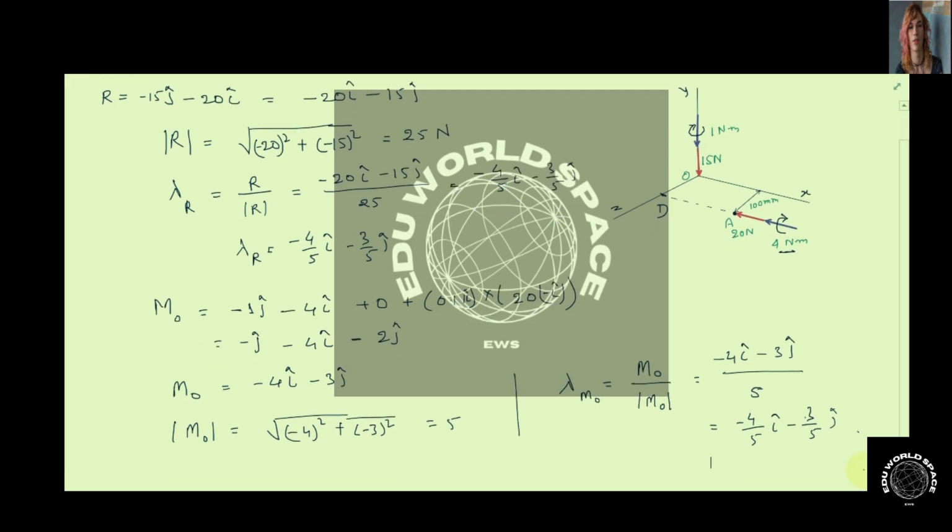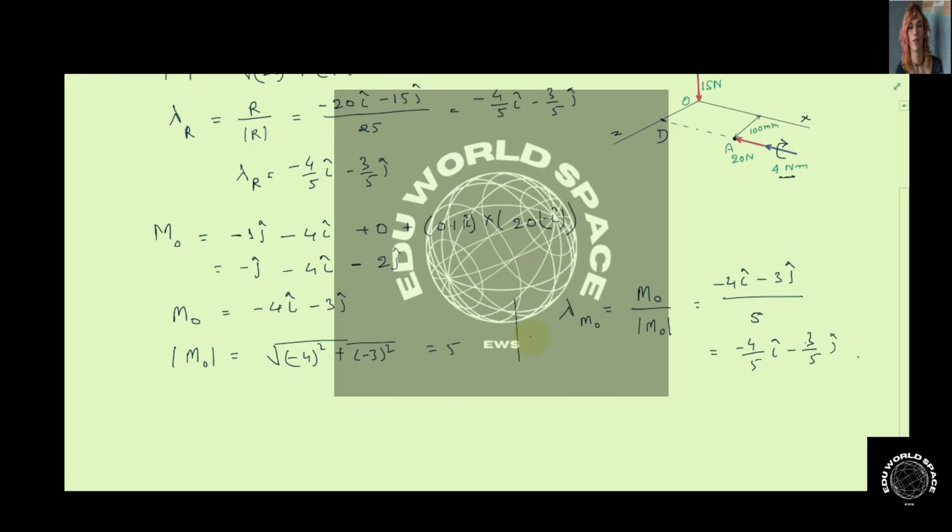So if we observe lambda R, the unit vector along the equivalent force, and the unit vector along the moment, both are the same: minus 4 by 5 i cap minus 3 by 5 j cap.